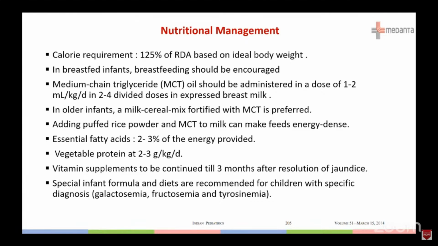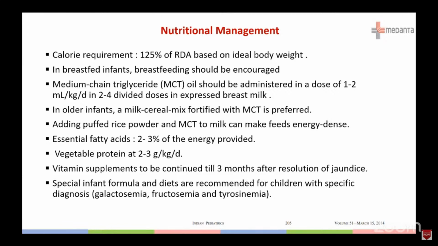We should also give medium chain triglyceride MCT oil at a dose of 1.2 ml per kg per day in 2 to 4 divided doses. It has to be mixed in expressed breast milk. Adding puffed rice powder or MCT to the milk can increase the energy density of the feed. The essential fatty acid component should be 2 to 3% of the total energy provided.